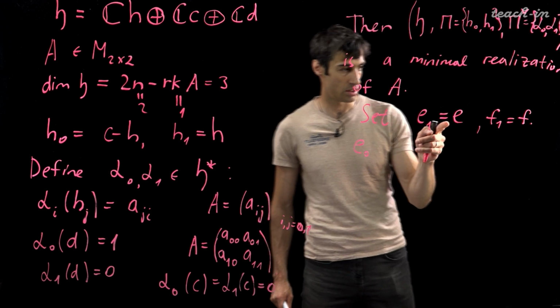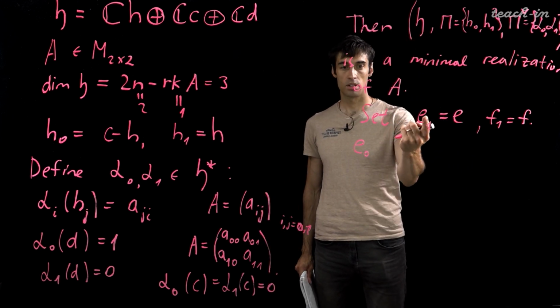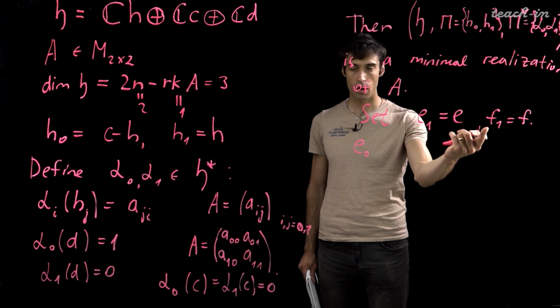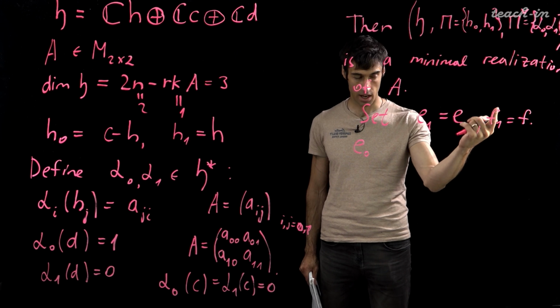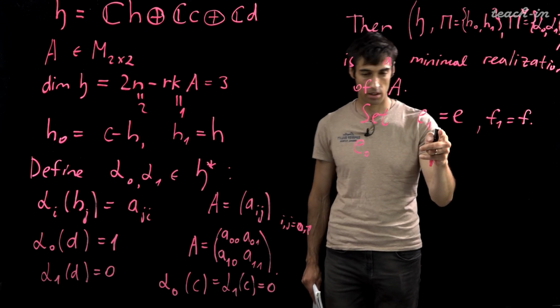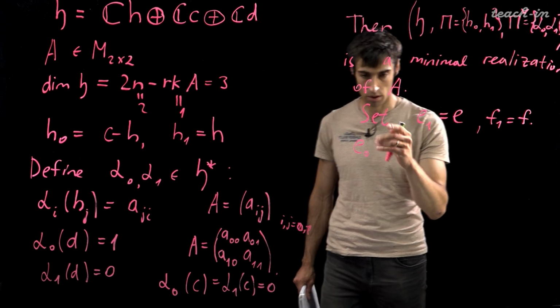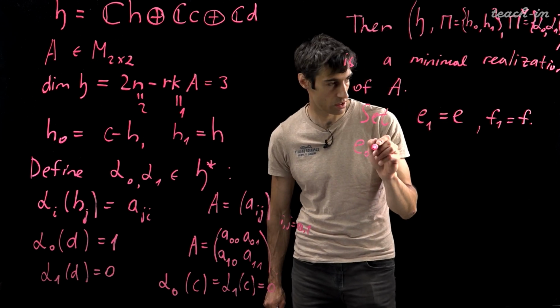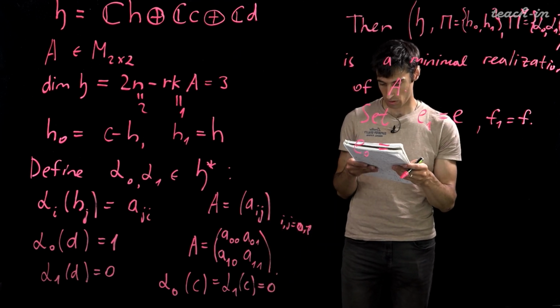Okay, so right. So these E_i, F_i should be elements of SL2 hat, right? Okay, so let me first introduce E0. So let me finish writing formulas, and then we'll discuss it.